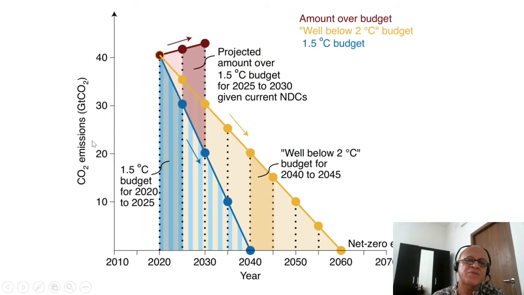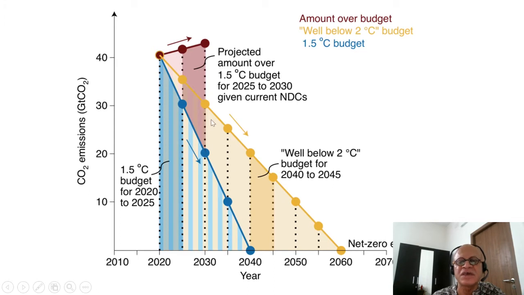And this paper also looks at it in terms of CO2 emissions and where we are in 2020, and then looks at it in 5-year wedges where you track the direction needed for CO2 drawdown to meet the 1.5 degree C budget for 2020 to 2025. And if you have exceeded in terms of the emissions, then you need additional drawdowns.